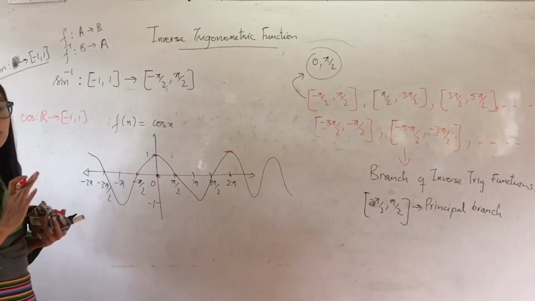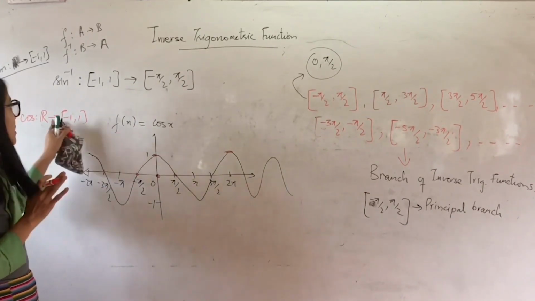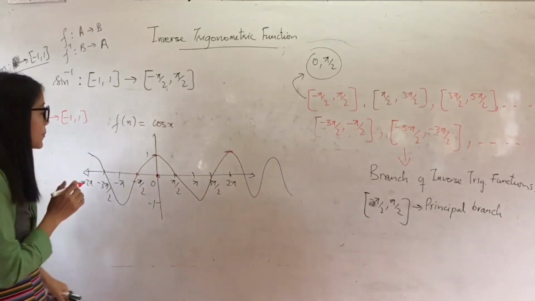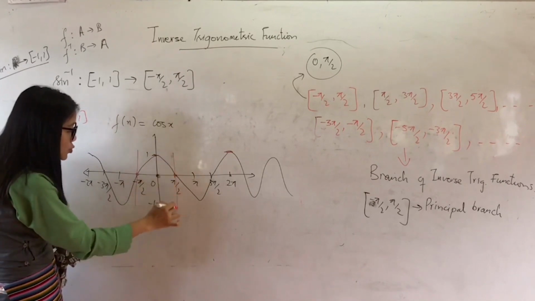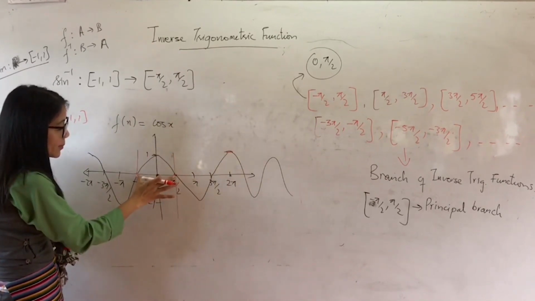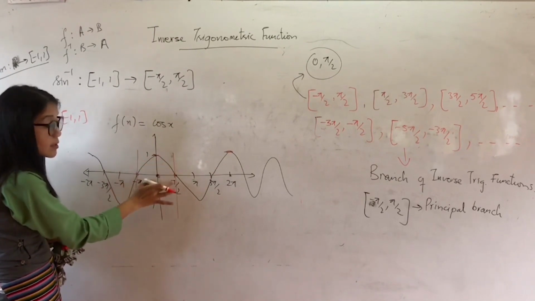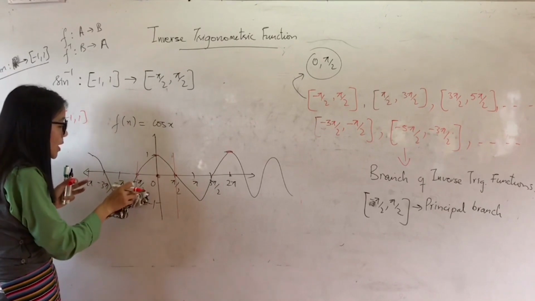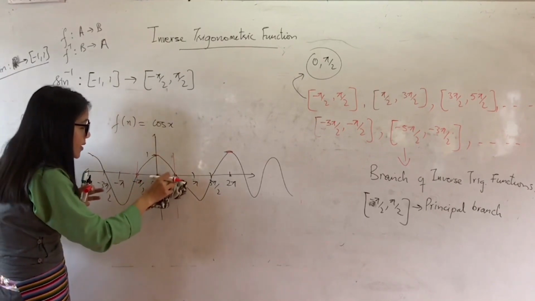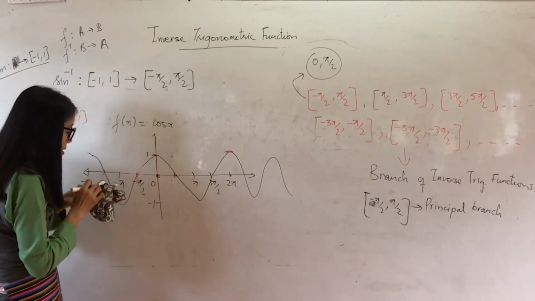Now what do I have to do? The same concept is to be used. We have to restrict the domain into smaller intervals. So now if I take the interval -π/2 to π/2, then what happens? Now you can see the graph. The function is not 1-1 in this graph, is it? So therefore I have to change the interval. For cos, I will change the interval and get different branches.